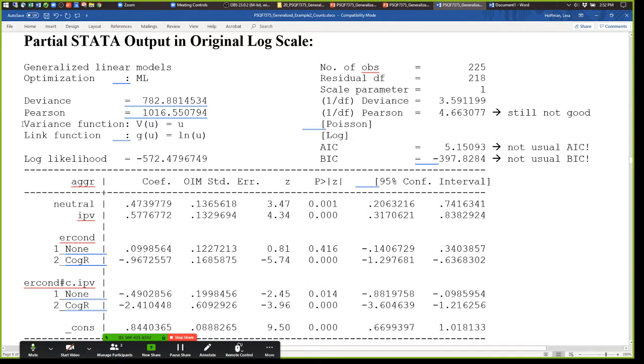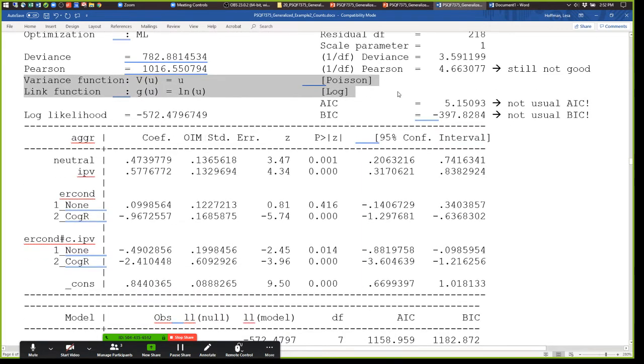In GLM, Stata helpfully tries to remind you what you've asked for. So the variance in this model is supposed to be the mean. How are we modeling the mean? It's the log of it. Our value of 11 for how well the residual distribution fits has gone down to 4. We're headed in the right direction, but I'm not there yet, not happy with this.